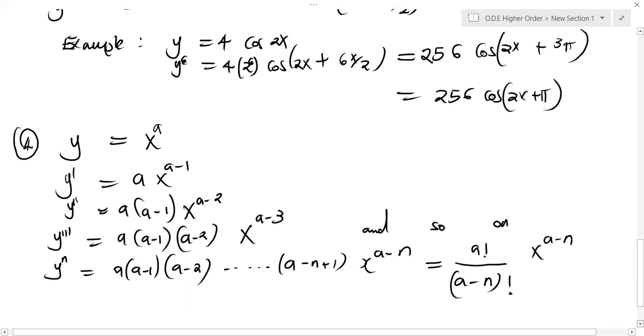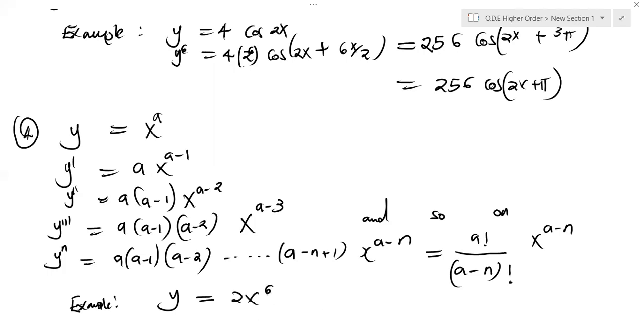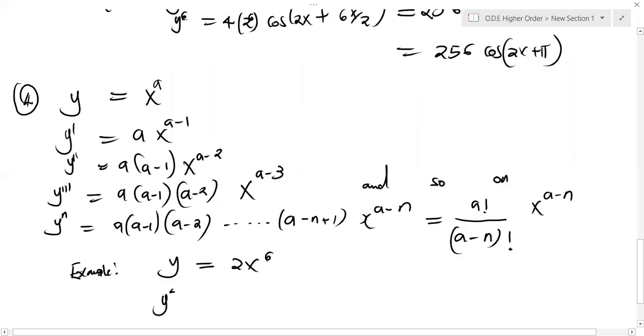So if we are to take up an example, y is equal to 2x raised to power 6, then what is our fourth prime? So the fourth prime will be equal to, as you can see, we have 2 there. We'll write the 2 outside, and then our a is 6.